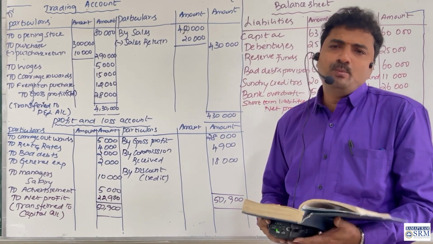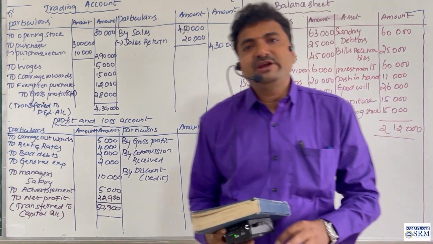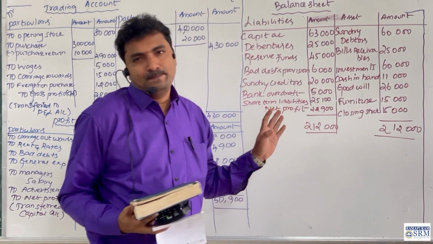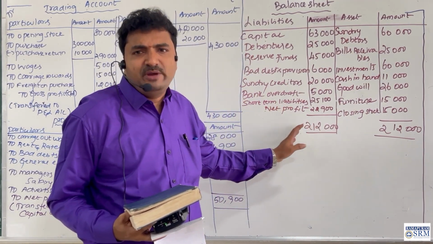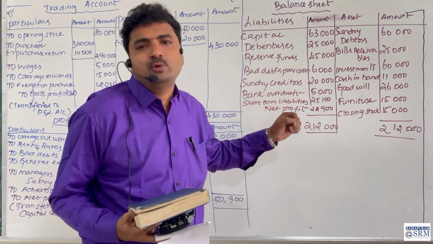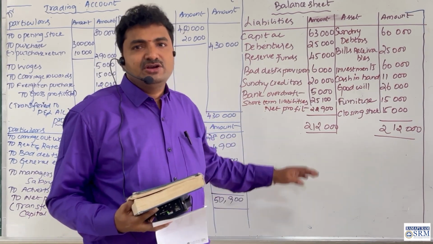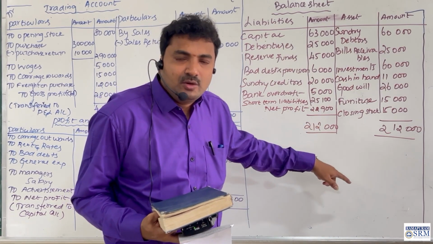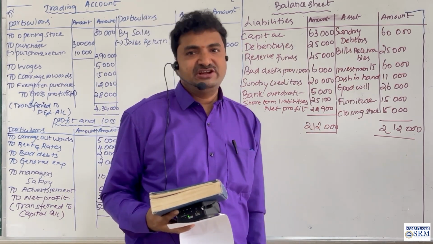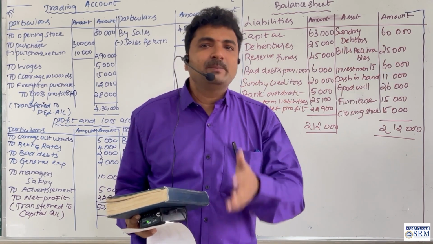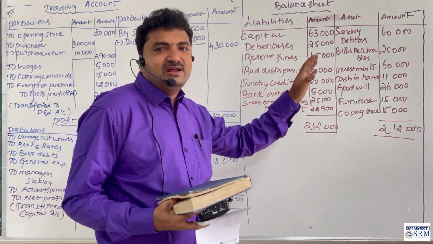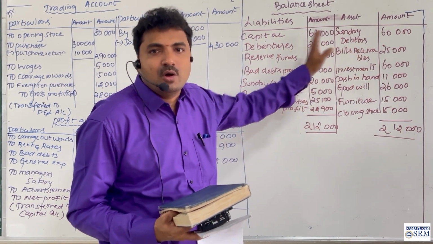Okay. The next important part we have to concentrate on is the balance sheet. This is one of the major and important parts. Before going for the balance sheet, let me explain what a balance sheet is and why we have to prepare it. Basically, a balance sheet has two major components.